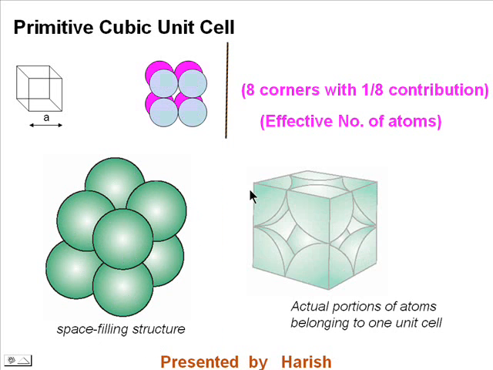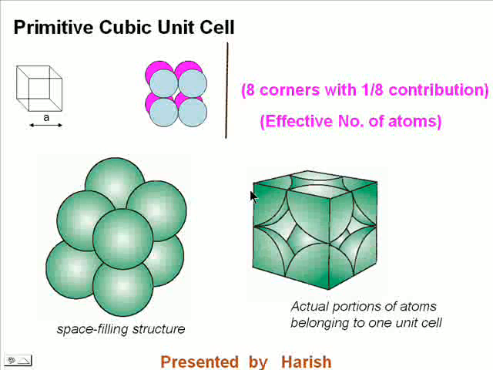So there is something called the effective number of atoms. If you look at this unit cell, though it is made up of 8 spheres, 8 atoms, not all of them are fully inside it. So if you come to the contribution side, this sphere is only 1/8 inside the unit cell or cube.